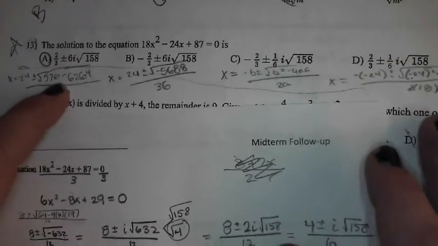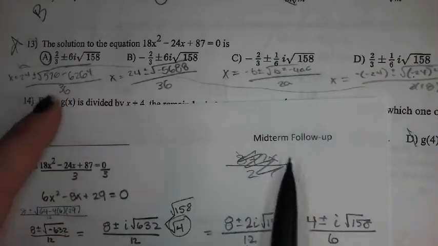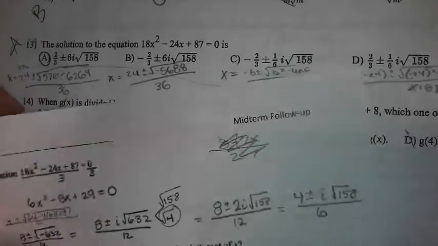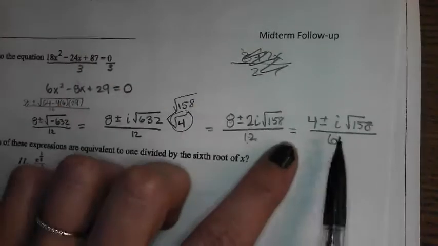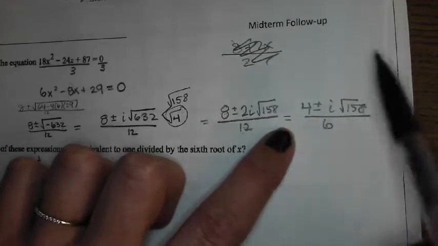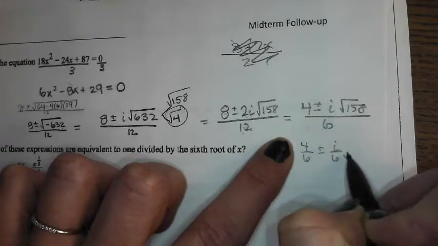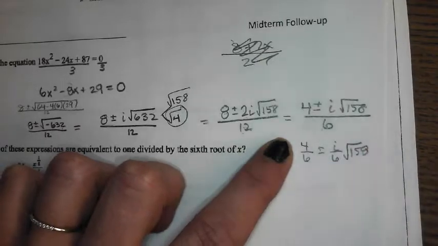But then again, look at those solutions, the options. Not only do they reduce everything, but they also split it up into two distinct terms instead of that binomial. So they have 4 over 6 plus or minus i over 6 root 158.